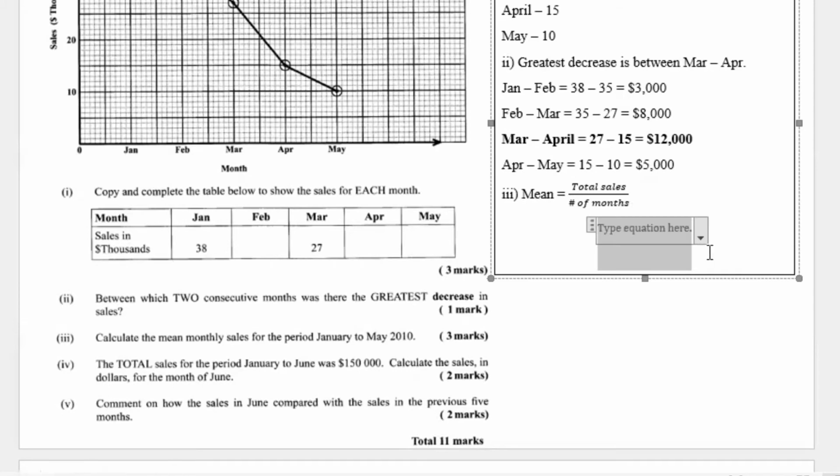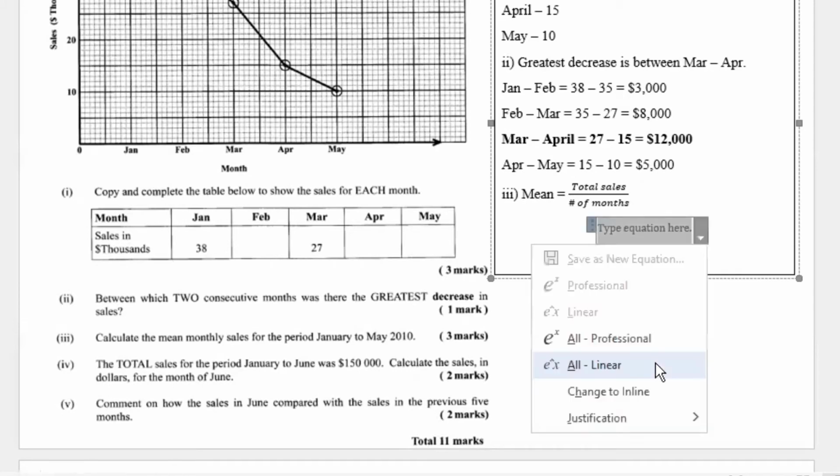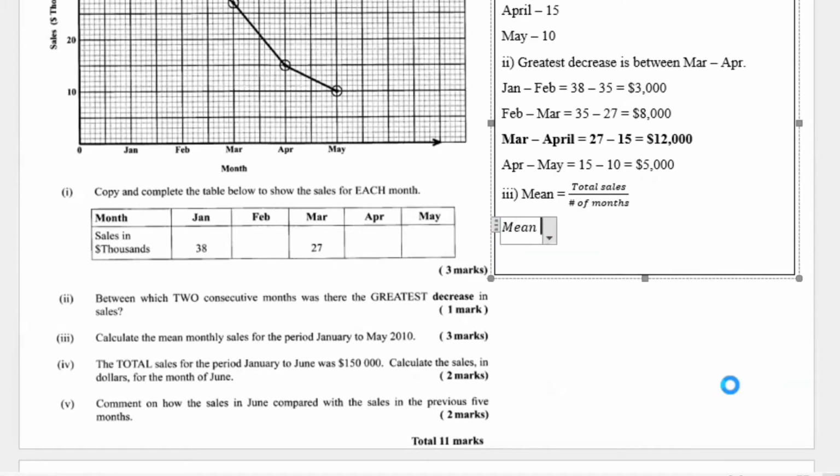So therefore, what we're going to have is the mean is therefore equal to, so we're looking at our total sales. So what we have is 38,000. Let's put our dollar sign on the outside. So we have 38,000 plus February was 35,000 plus March was 27,000.